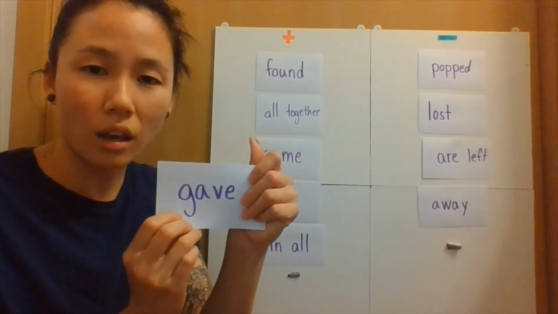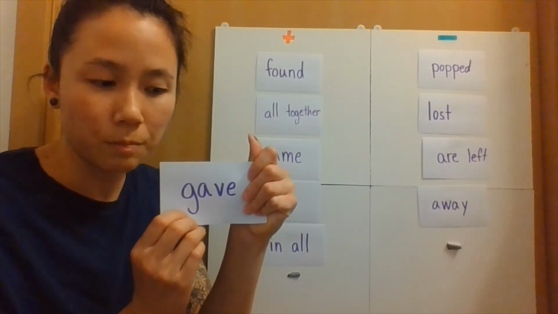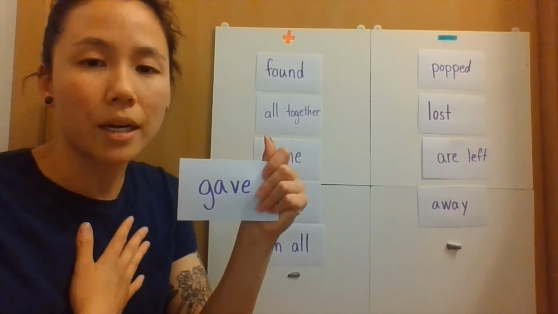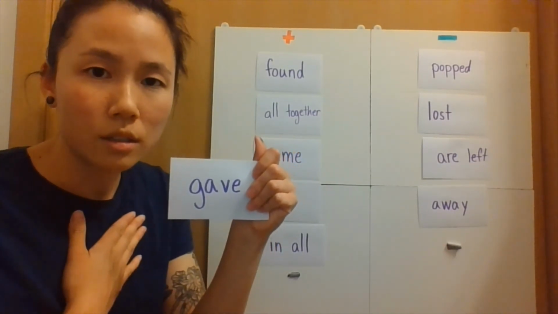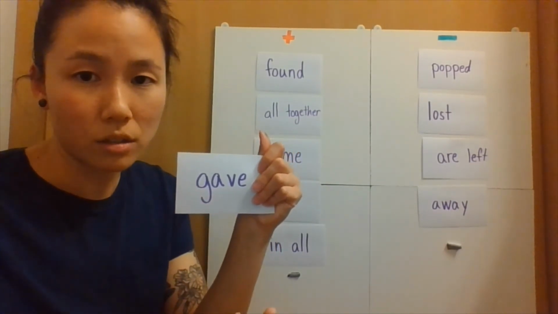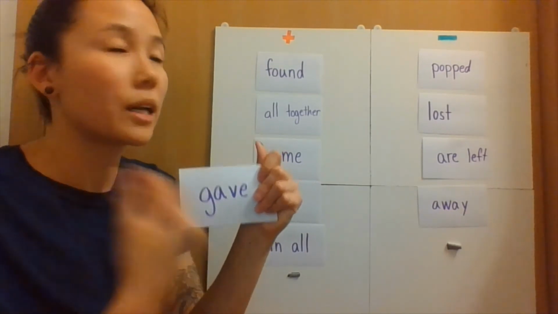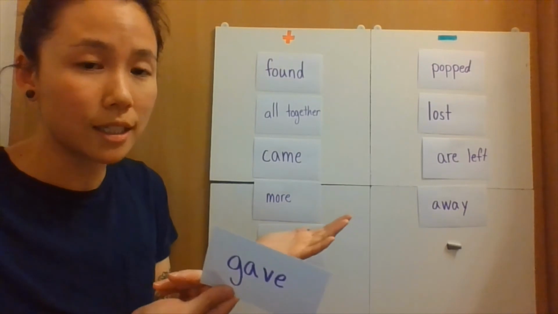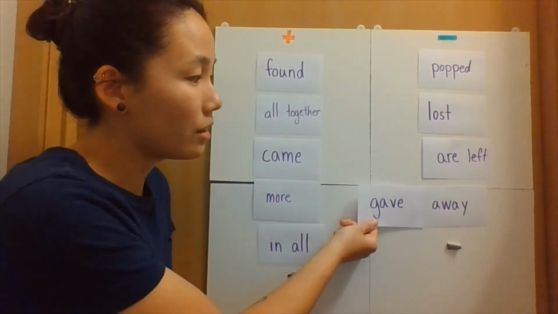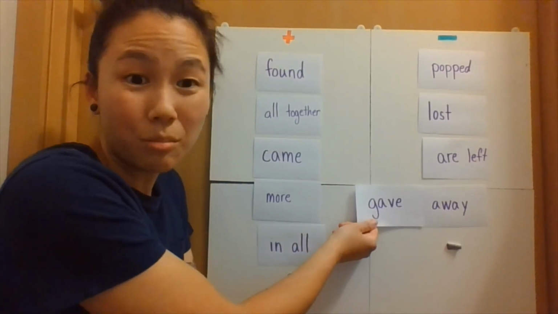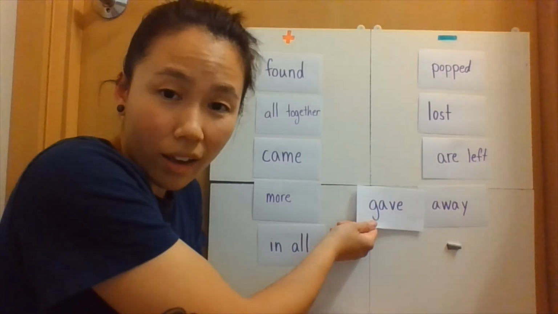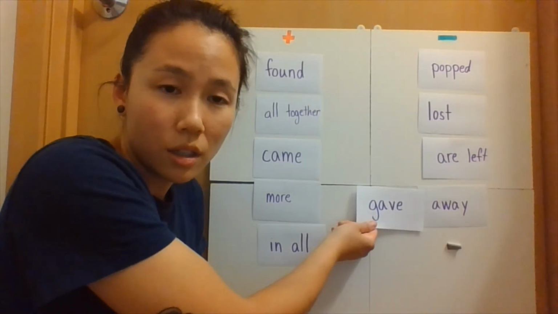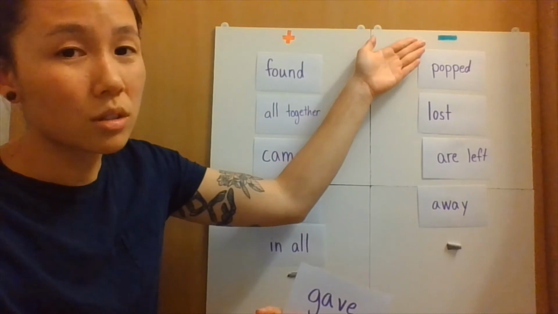If we just use gave on its own, and I said, my sister gave me a pencil, then I would have more, right? I would use addition. But if I didn't read carefully and it said gave away, and I said my sister gave away 1 pencil, right? Then I would be using subtraction.